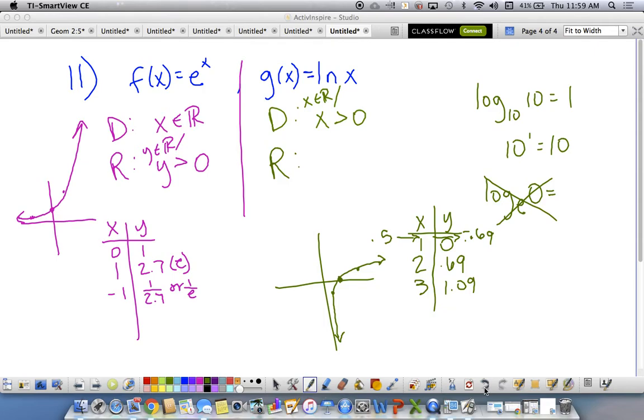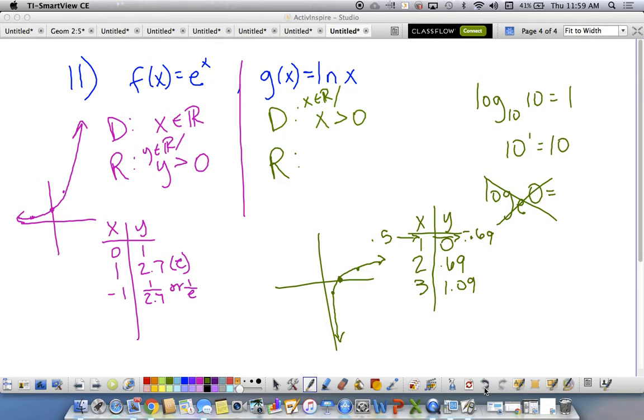Is this graph going to look like this? So what is the range? Well, we've already decided the domain. Range is your y output.